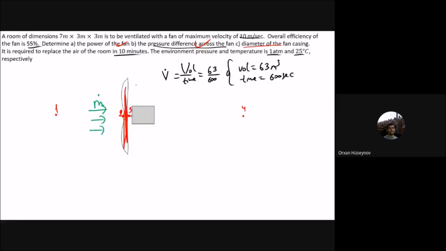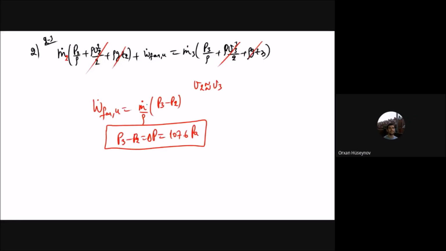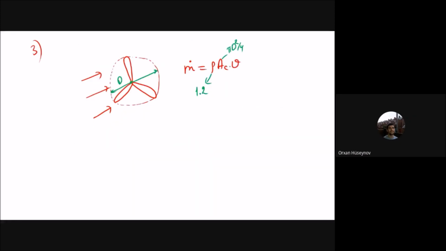Similarly here, we will have the diameter value. And then you will have the velocity value, which is 10 meters per second. If you do this calculation, you will get the diameter of the fan casing as 0.12.